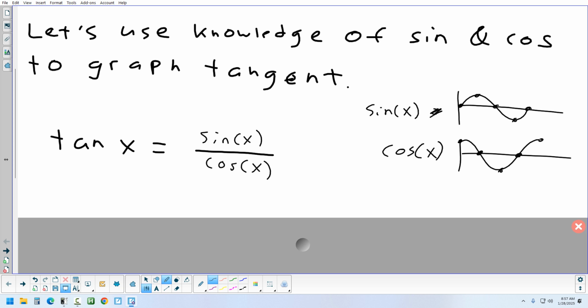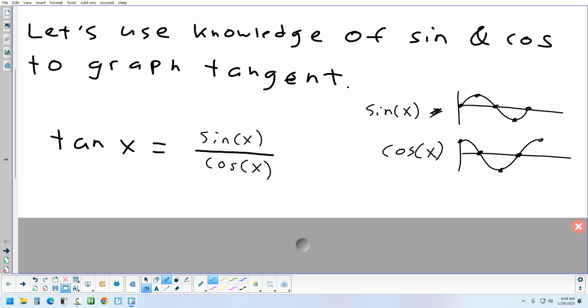So right away, that tells you something about tangent. If the bottom can ever be 0, meaning does cosine ever cross the x-axis? If it does, then we are going to have vertical asymptotes, which means the graph of tangent is not connected. So when you draw it, you do have to lift your pencil as you go. Okay, so let's look at cosine.